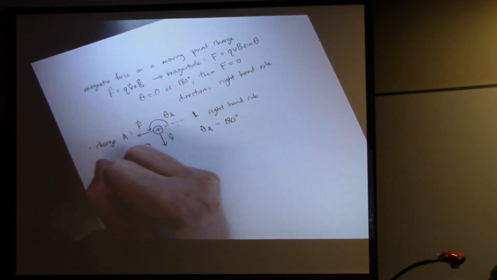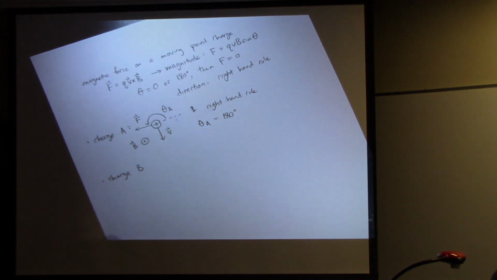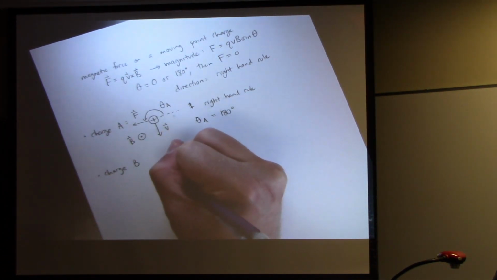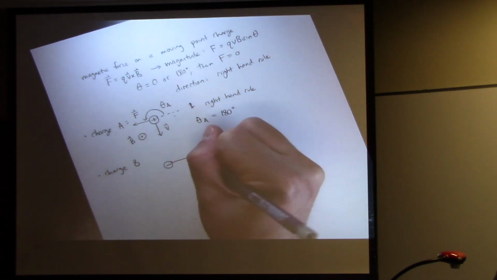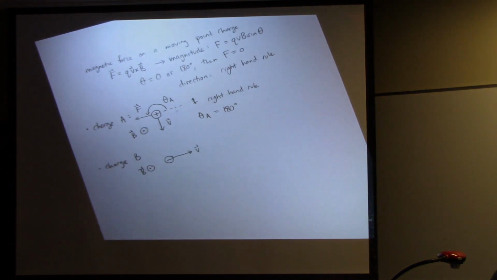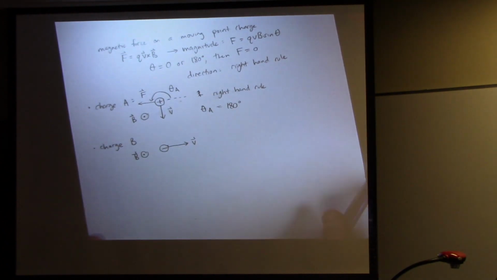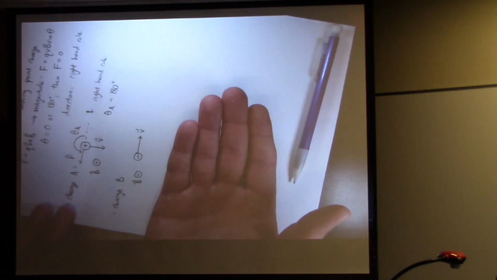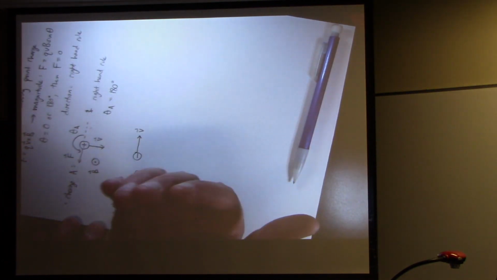All right, so moving on, charge B. What's going on with charge B? Well, charge B, for one, is negative, so that's an important difference. Its velocity is going to the right, but it's in the same magnetic field, so that's coming out of the page. So if we do the right-hand rule to this one, point your fingers in the direction of V, curl them in the direction of B, that's coming out of the page like this.